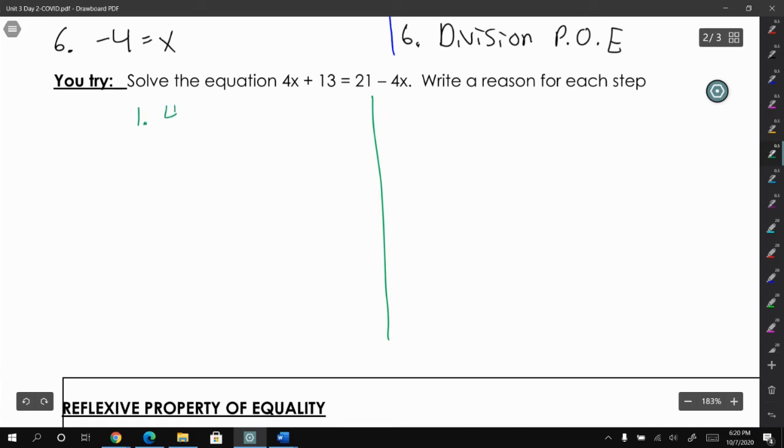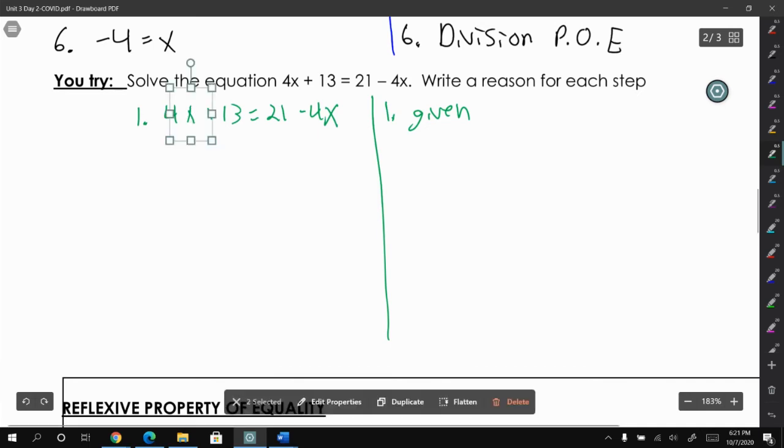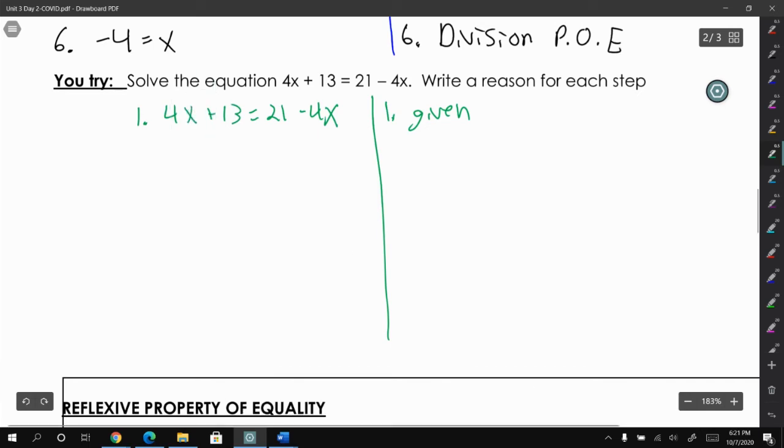So the first step is given. Okay, so pause it, try this on your own. When you're done, unpause it. If you get stuck, unpause it, and you can watch how I go through this, and hopefully that will make sense.